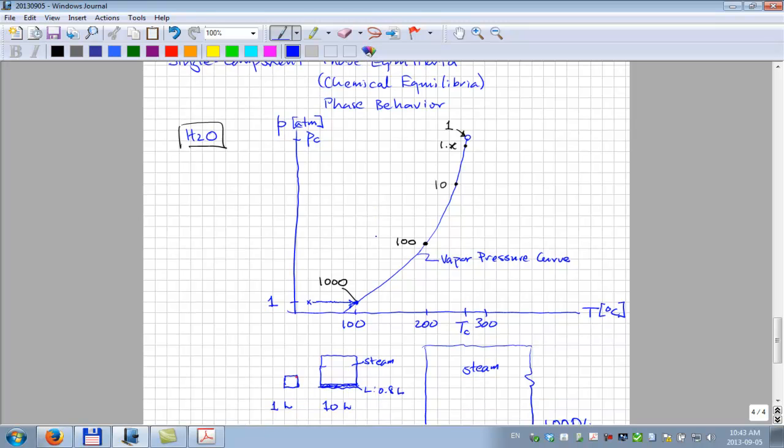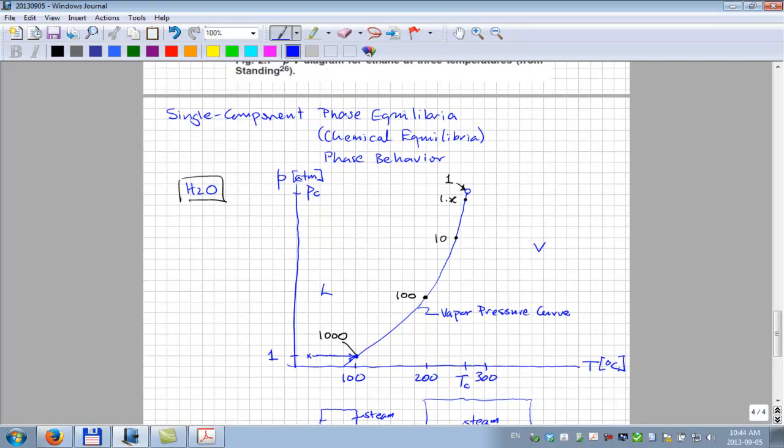You say, well, that doesn't really matter. I mean, normally you see pictures, you say liquid is over here on this side, and vapor is over here on this side. That's the way you see this picture drawn in 99% of the textbooks. But what you never see much is this big question mark up here.